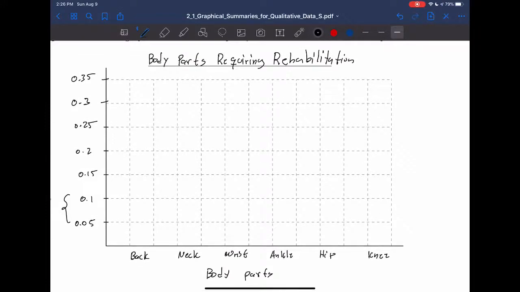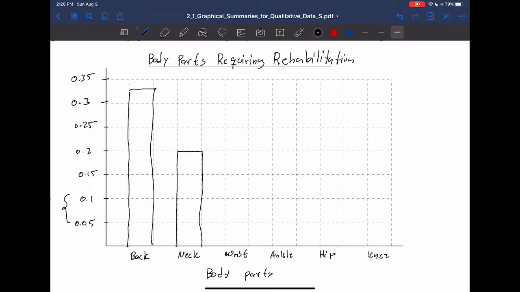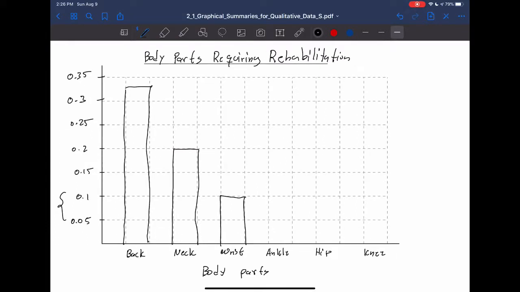Okay, so let's actually draw our little bars. So here at back, remember, it was 0.333, so somewhere around there. For neck, it was 0.2. For wrist, it was 0.1. Ankle was 0.133. Hip was 0.067. And knee was 0.167.